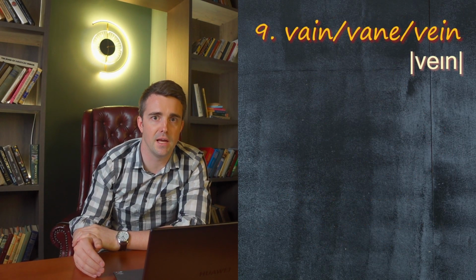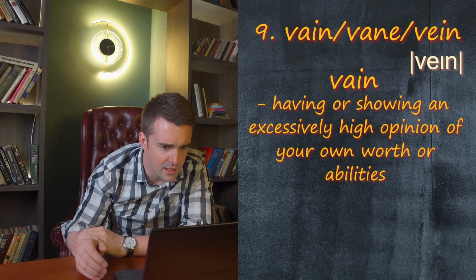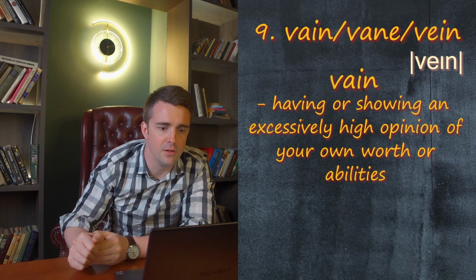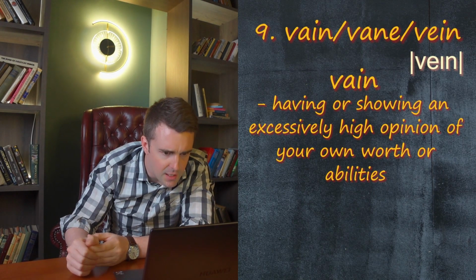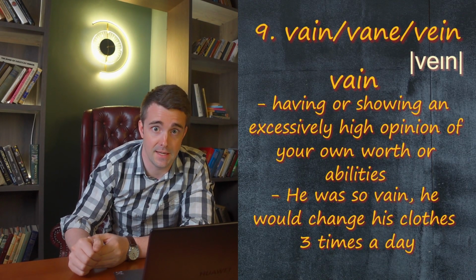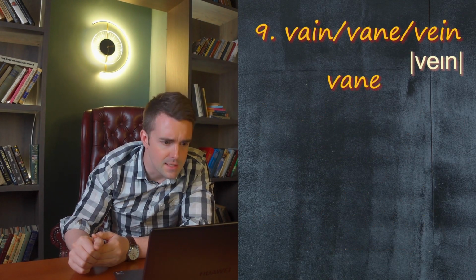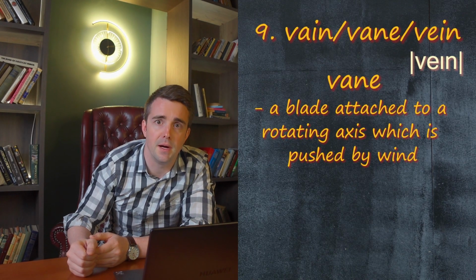Let's look at vain, vane, and vein. So vain is having or showing an excessively high opinion of your own worth or abilities. For example, he was so vain, he would change his clothes 3 times a day. But vane is a blade attached to a rotating axis which is pushed by wind.